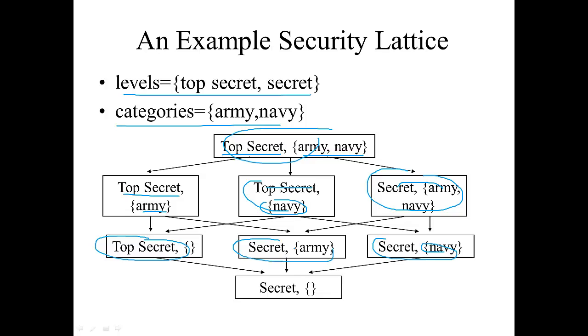Both of these can view security documents without any category. Okay, this just shows the hierarchy. This one is the lowest. This one is higher than this one, and this one is higher than this one.